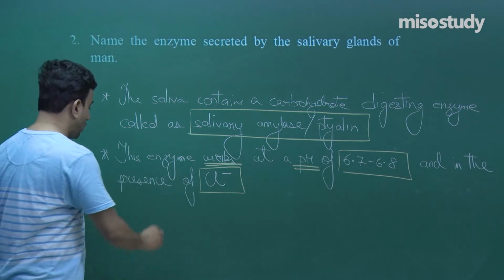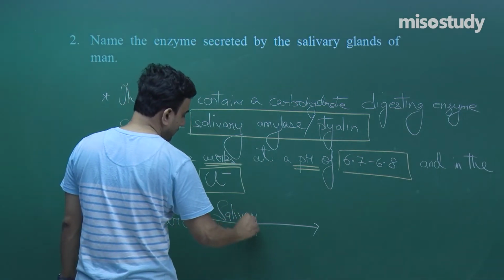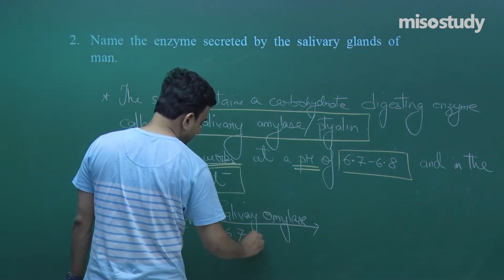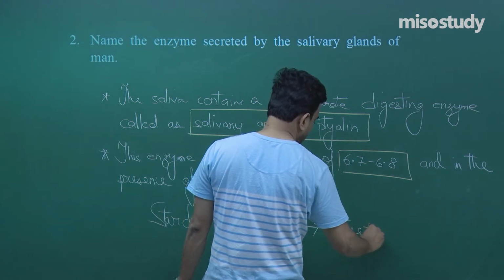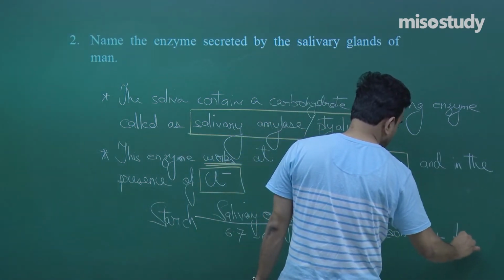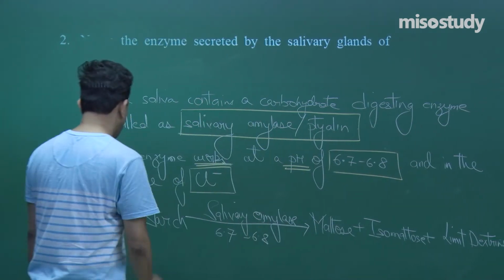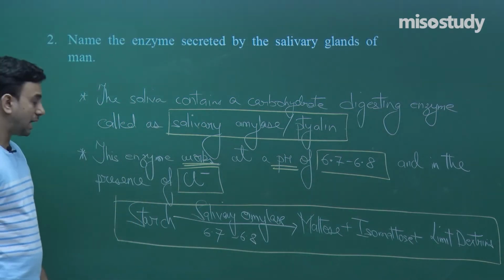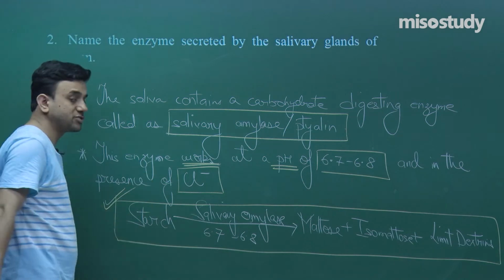So what we see is that starch, in the presence of the enzyme salivary amylase and at a pH of 6.7 to 6.8, will form maltose plus isomaltose plus the limit dextrins.